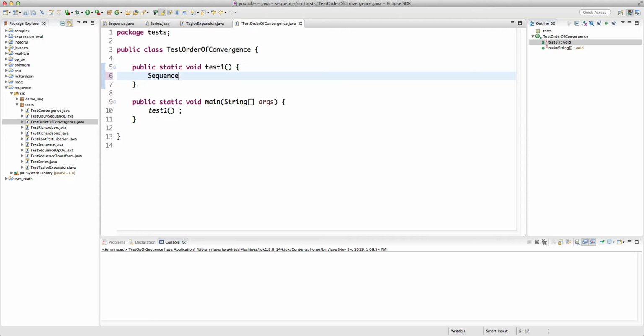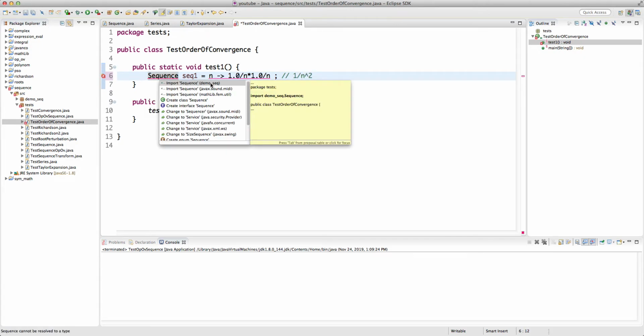Let's define a sequence and import it. Sequence sec1 is, for example, n goes to 1 over n times 1 over n. So we're looking at 1 over n squared. Let's import this.